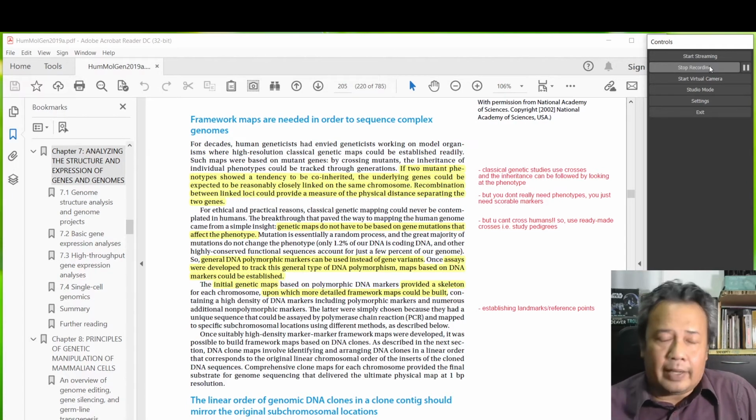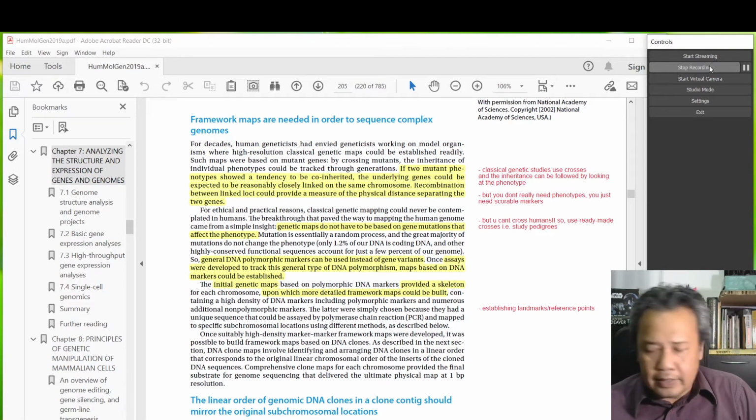All right, that's the whole idea. And well, they don't call them landmarks, they call them markers. One of the first goals of the Human Genome Project was to establish this type of markers.